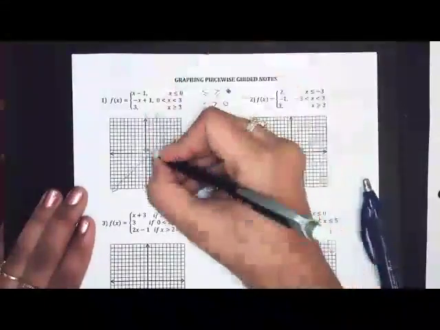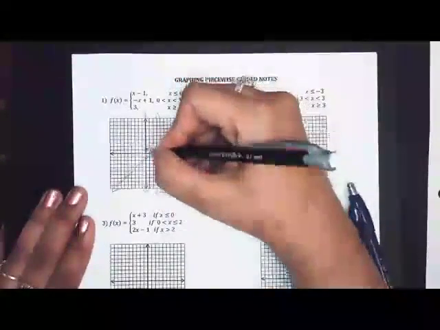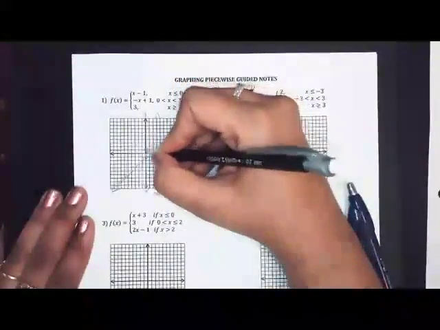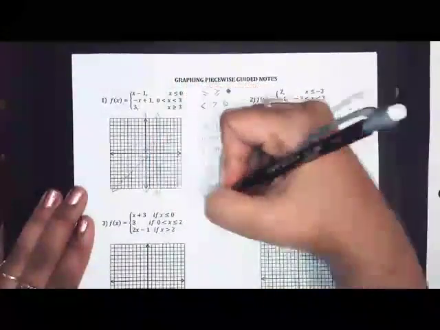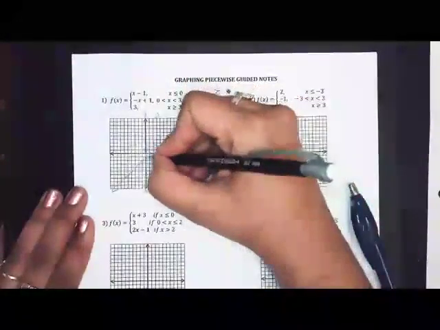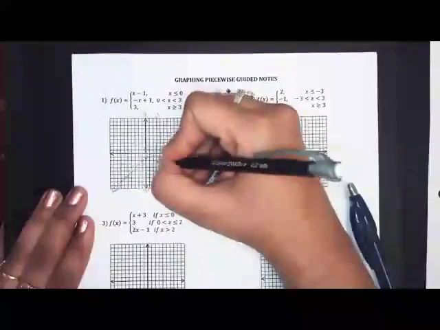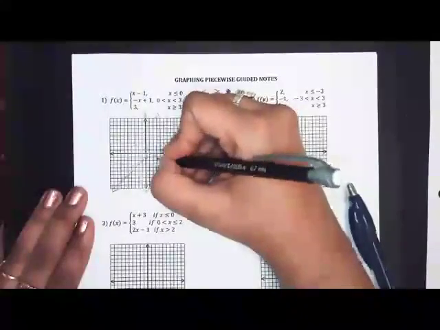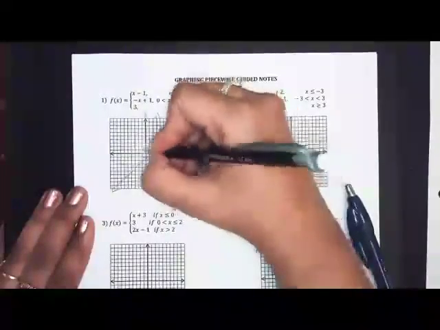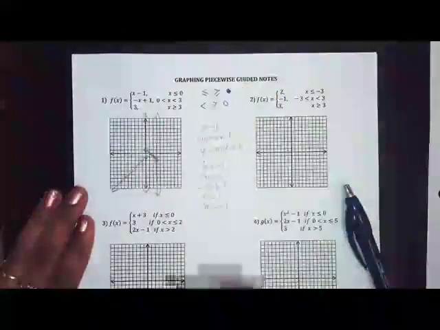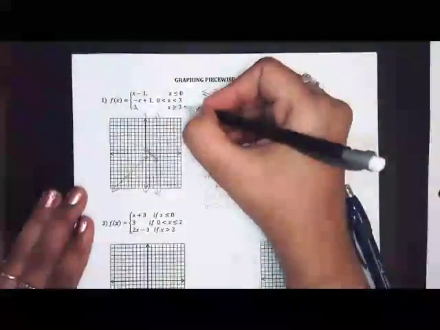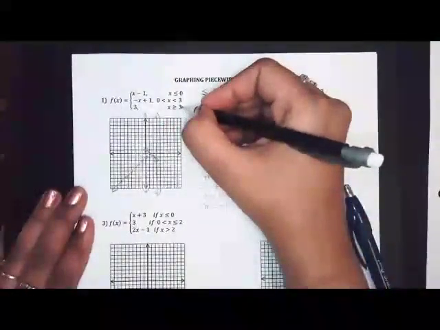Now instead of going up and right, we are going down and right, because it's a negative slope of -1 over 1. So I go down 1 over 1, down 1 over 1, and at 3 it again has an open circle, and we stop there.